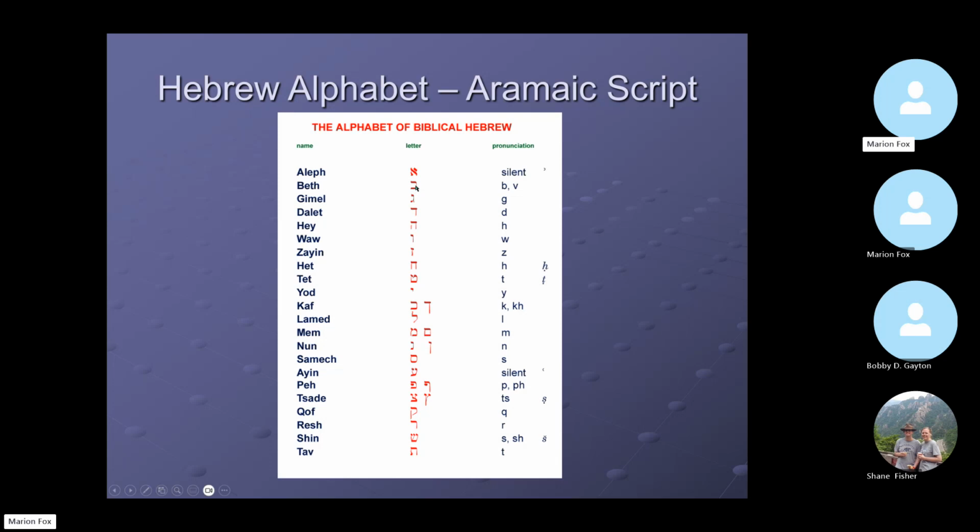This second letter looks a whole lot like this letter down here, a Kaf, right here. It looks a whole lot like it. You got to look at them closely to see that they're not the same.